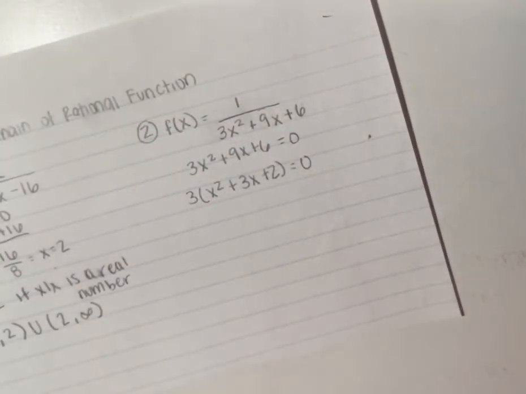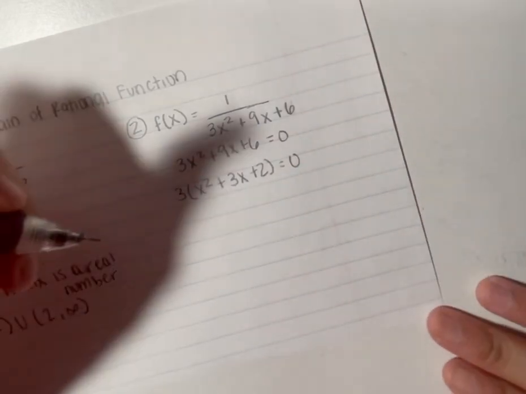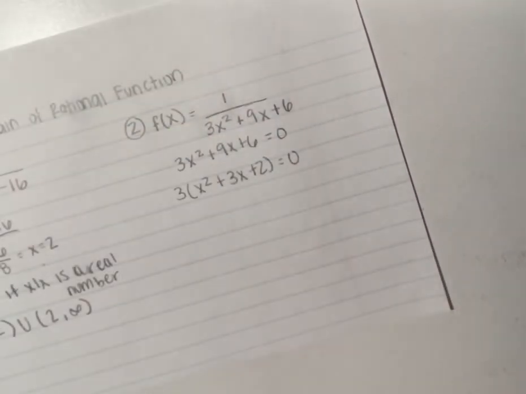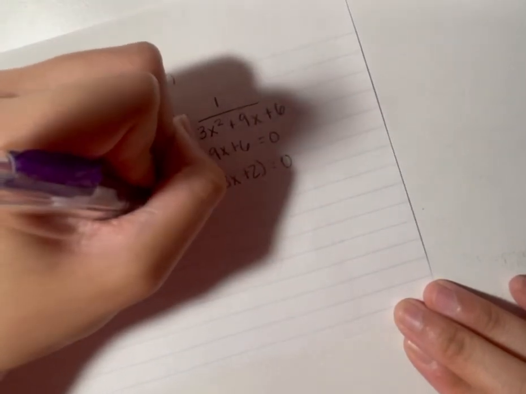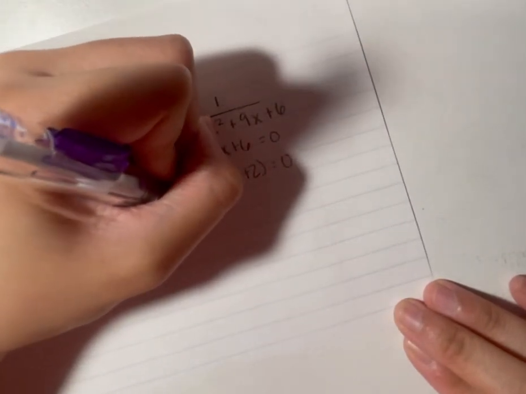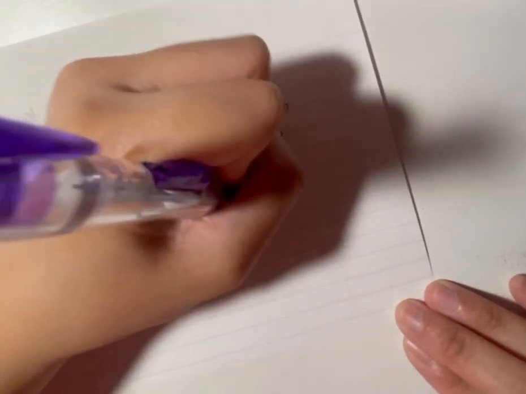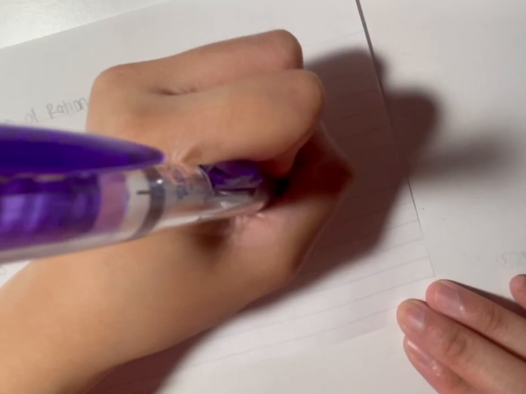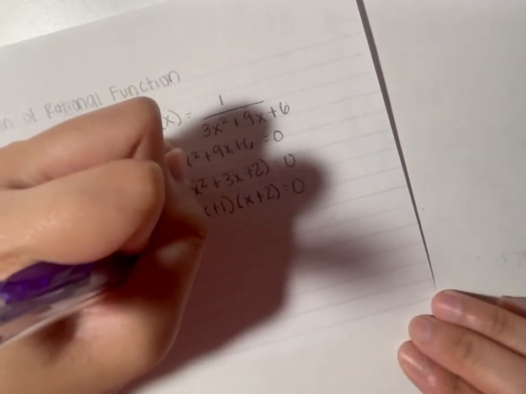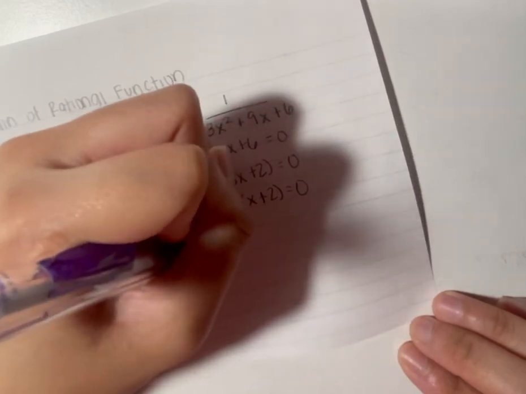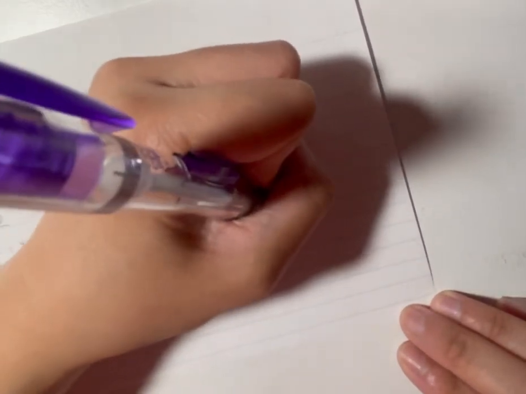And then we're gonna factor even more, which would be 3 parentheses x plus 1 parentheses x plus 2 equals 0. Then you bring down the x plus 1 and set that equal to 0, and then x plus 2 set equal to 0.